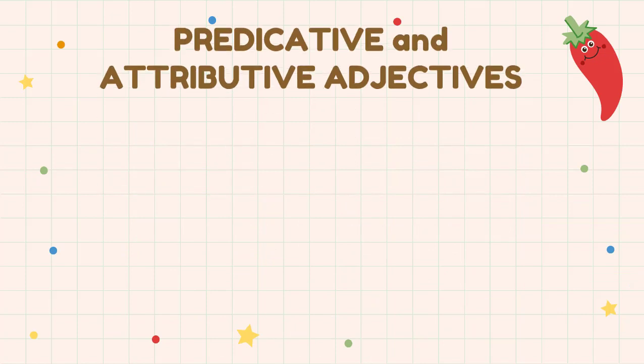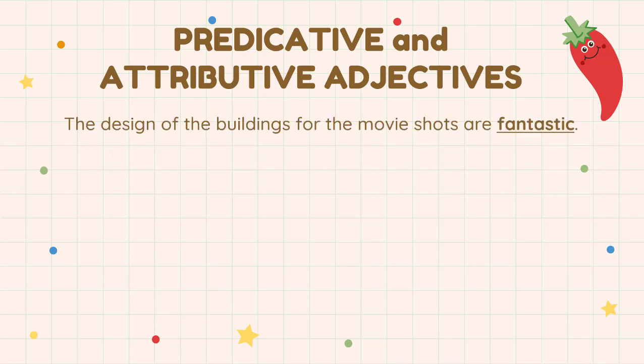Okay, basically, adjectives are grouped into syntactic categories: predicative and attributive adjectives. Predicative adjectives, also called subject complements, are put after the linking verb.